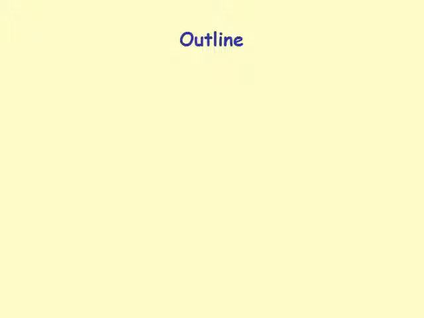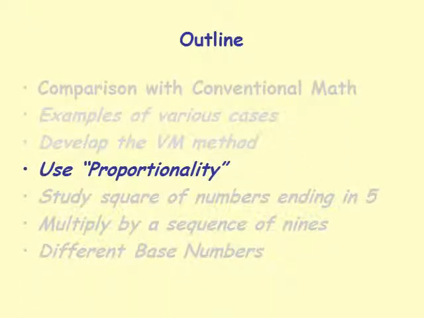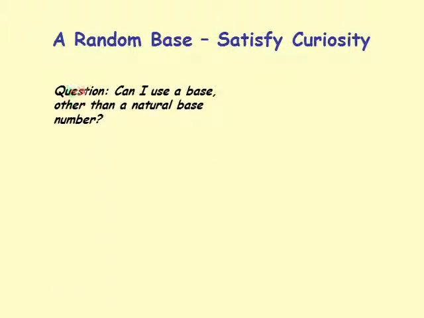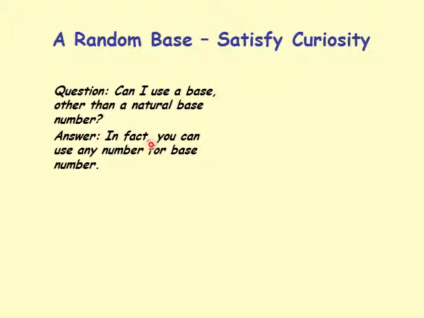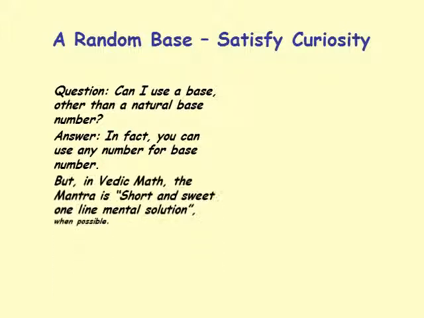Okay, let's go to the next section now. In the next section, we will use proportionality. A random base number here, just to satisfy your curiosity. Question: can I use a base other than a natural base number? Sure, you can do it. It's Vedic math, it's very flexible. In fact, you can use any number for a base number, and we would use a random number.